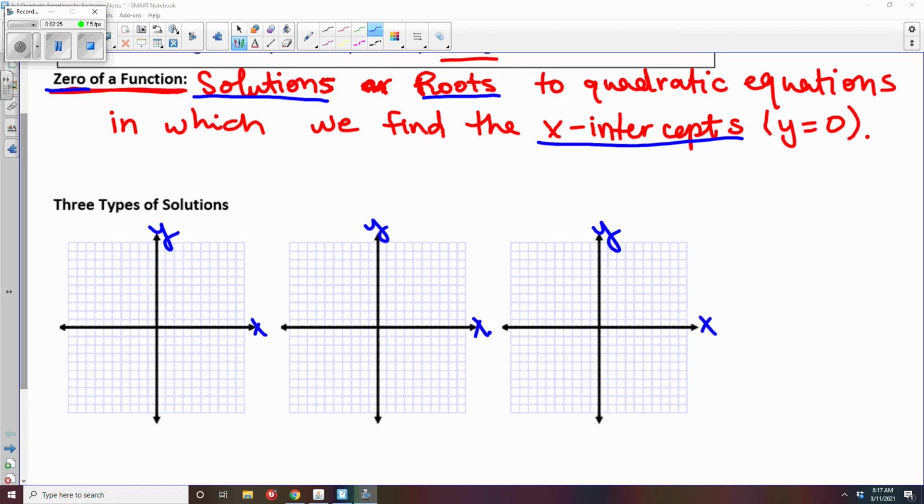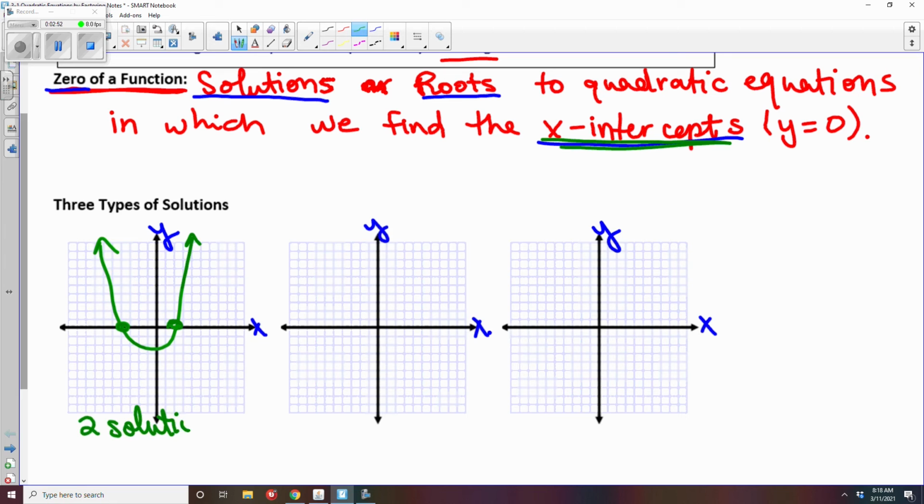Our first type of solution will be for 2 solutions, in which the quadratic equation looks like that right there, because we said that it's the X intercepts. So that quadratic graph, that U-shaped parabola made by a quadratic equation, crosses our x-axis twice. So it has 2 solutions.